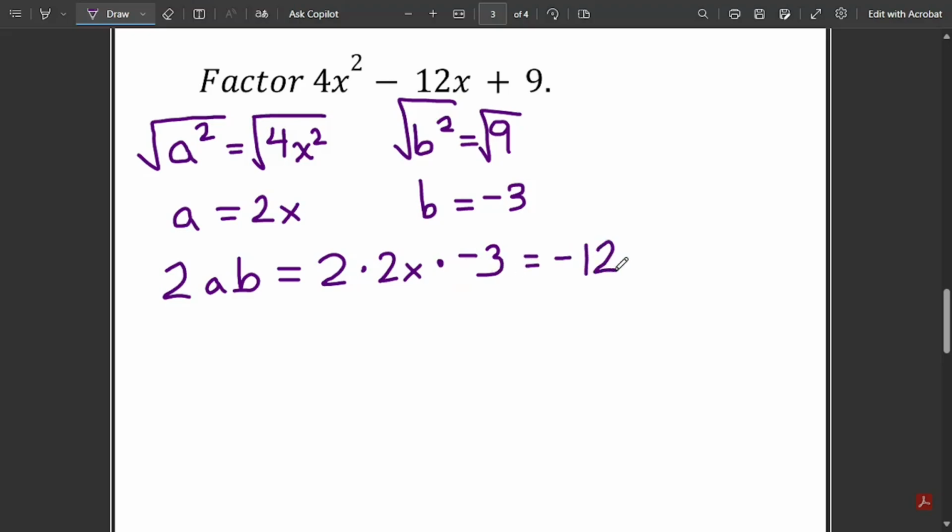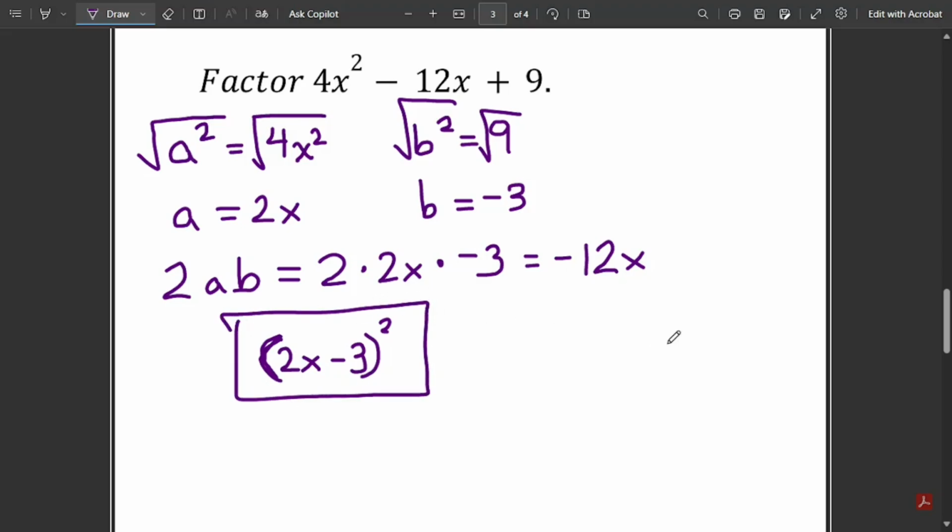So this is another perfect square trinomial. So we're going to factor this to 2x plus a negative 3 squared, or 2x minus 3 squared. See if I can make this parentheses a little bit better. There we go. So that's the factored form of this one.